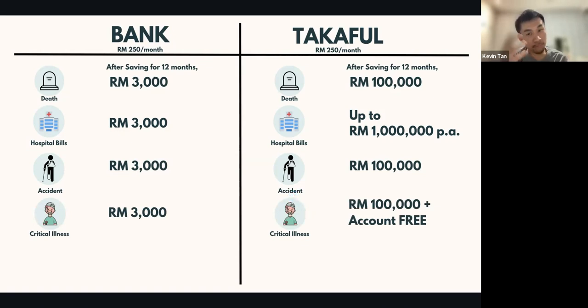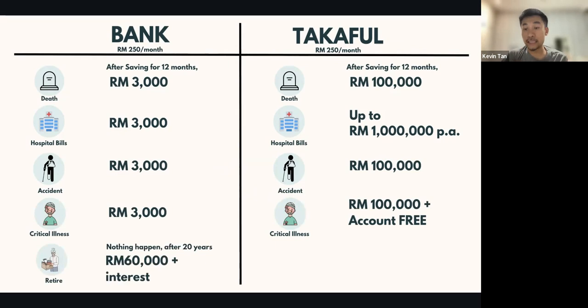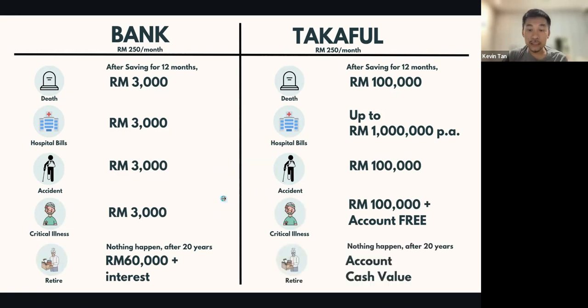And probably you will think, yeah lah, but if I'm healthy, I don't admit hospital, then what happened to my money? If nothing happened, the money that you save in the bank after 20 years, 60,000, and probably you can get some interest. In Takaful, similarly, after 20 years, you also have account cash value.